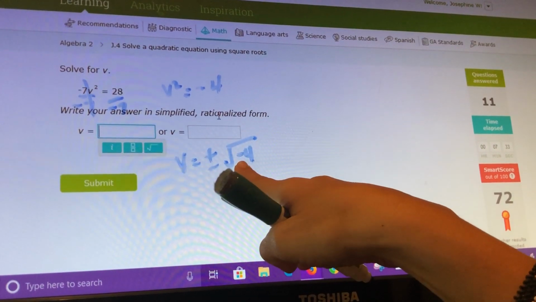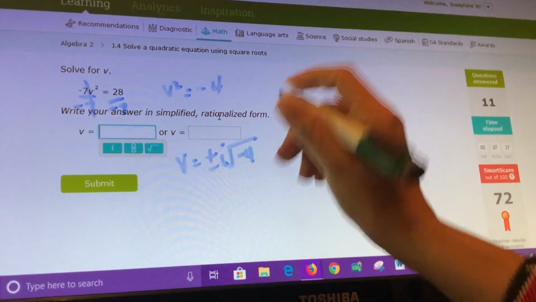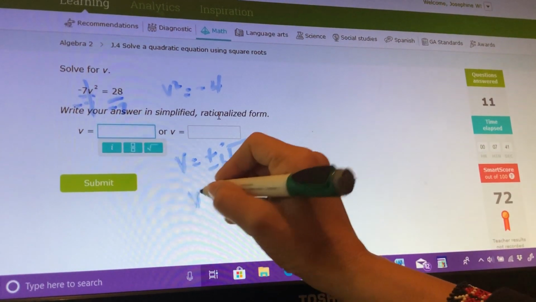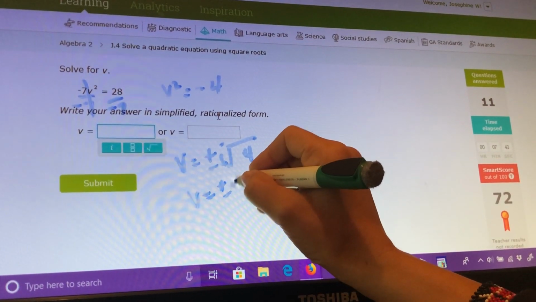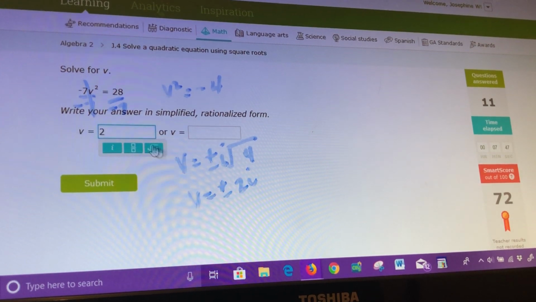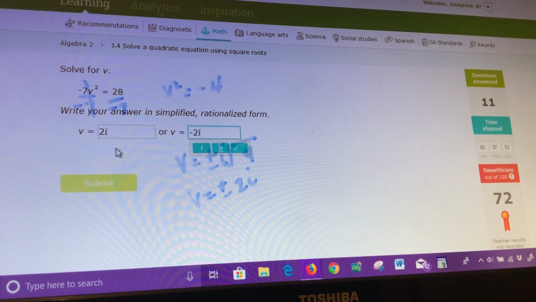But because there's a negative there, I put an i outside and get rid of that negative. And then I take the square root of 4, which is 2. So v equals plus or minus 2i. So one is positive and the other one is negative.